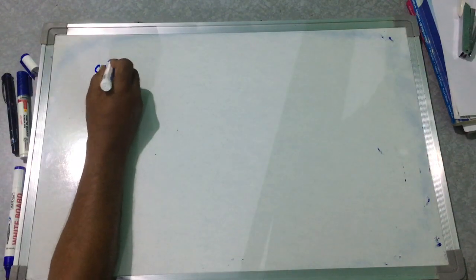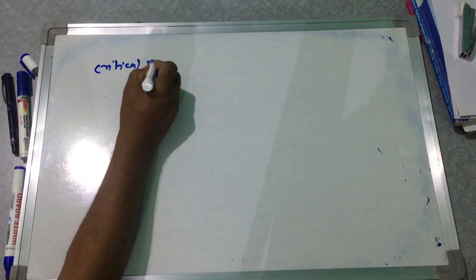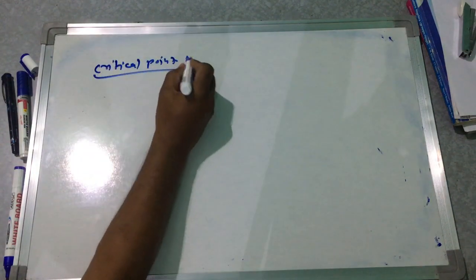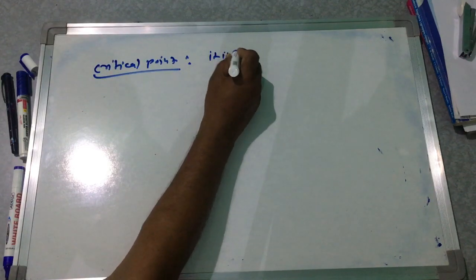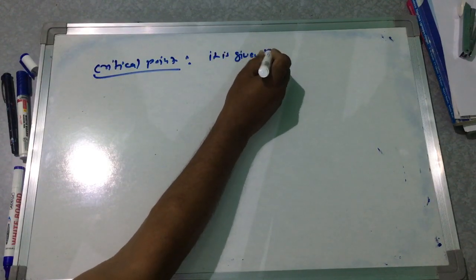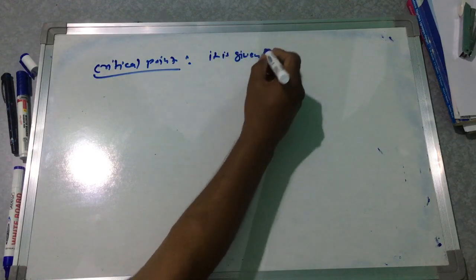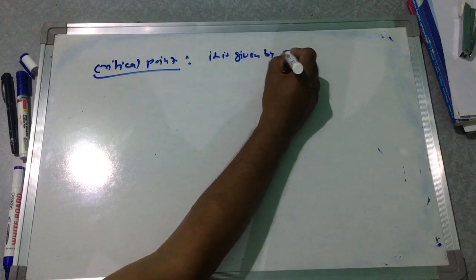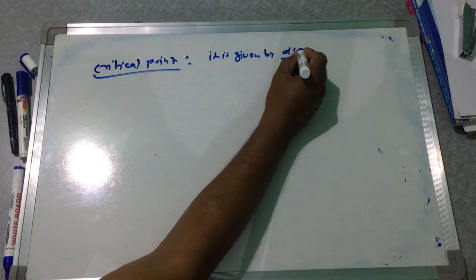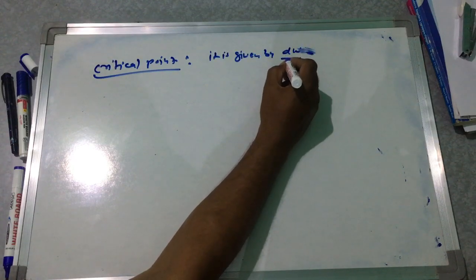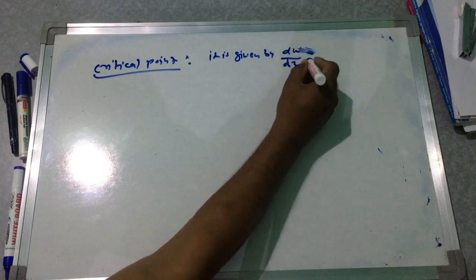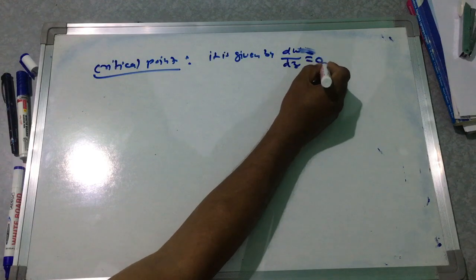Then the critical point. It is given by dw upon dz is equal to 0.